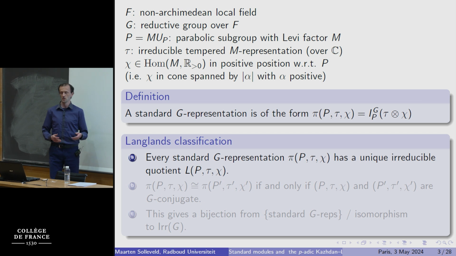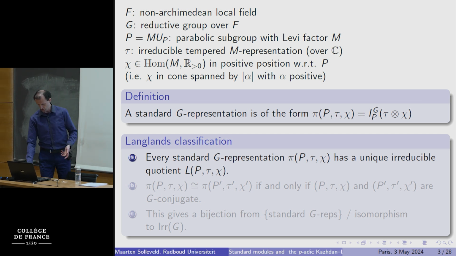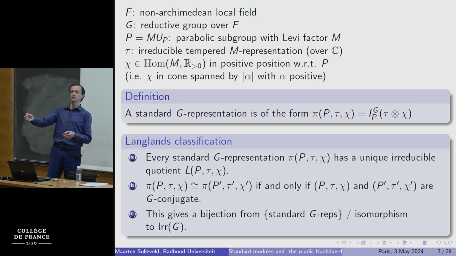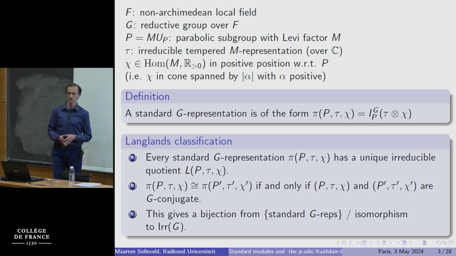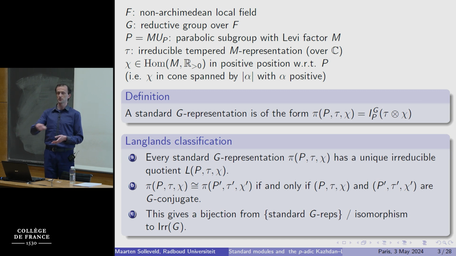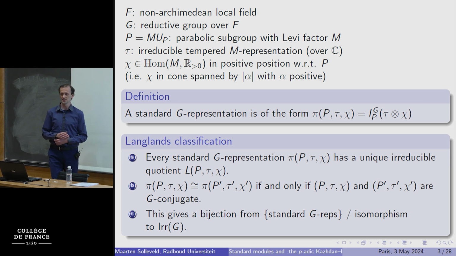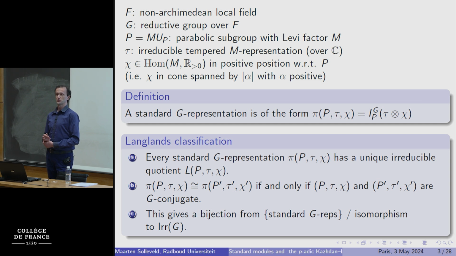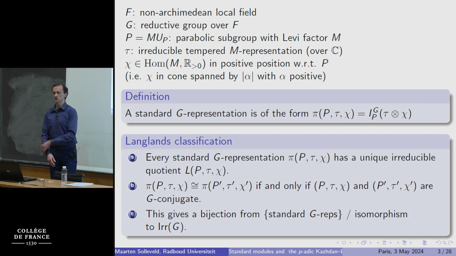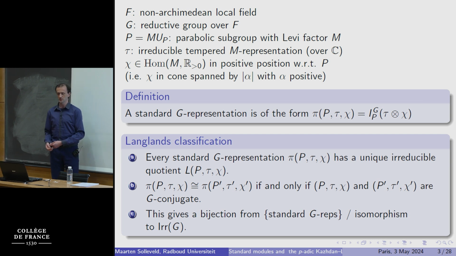Moreover, if you take two standard representations, then they produce the same irreducible quotient if and only if the data that you put into it were equal. Well, not only equal, but in fact conjugate by your entire group G; then they produce the same irreducible representations, and otherwise they do not. In this way, one can obtain every irreducible representation of a reductive p-adic group exactly once if you take into account this equivalence of standard representations.